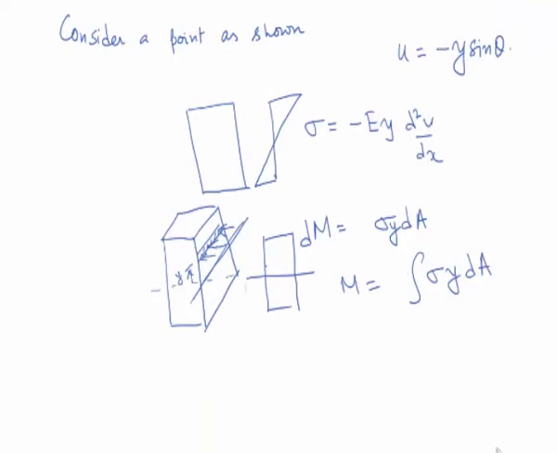JNTU is asking how to calculate shear force in case of a couple. If you have a load in the form of a couple and nothing else, then the shear force is obviously 0, because if you take any cut section, there is a bending moment here.